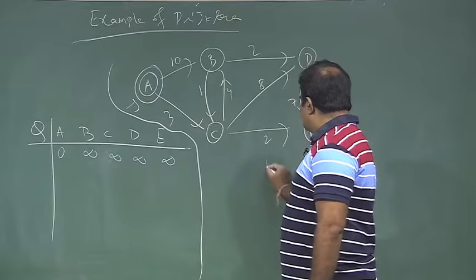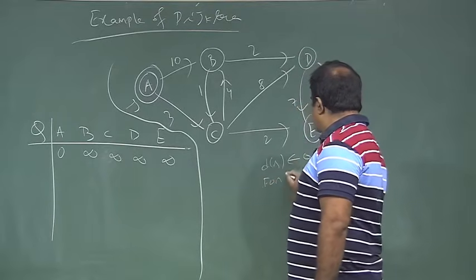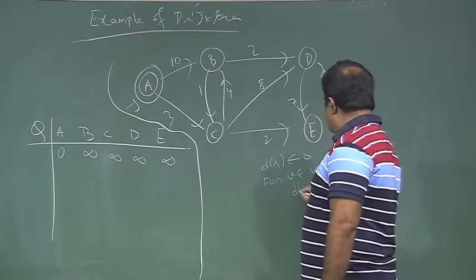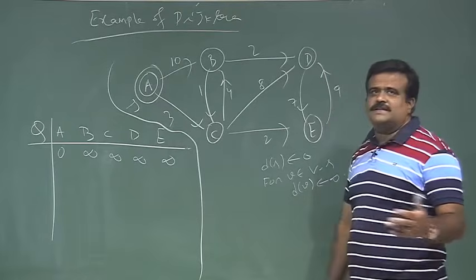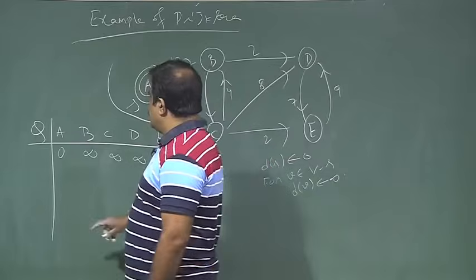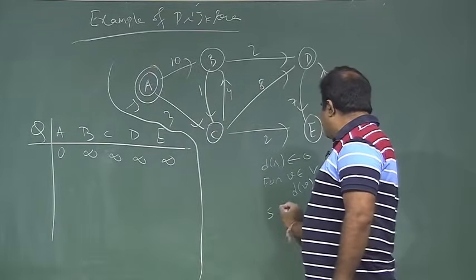We are putting the distance of S as 0, and for all other vertices V minus S, we are putting the distance to be infinity, because this is the initialization step and nothing has been explored.